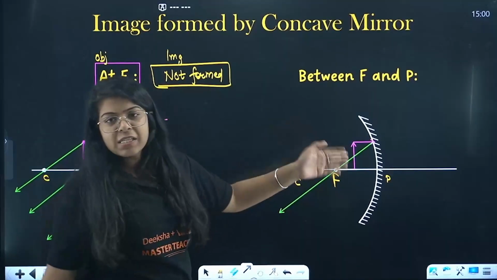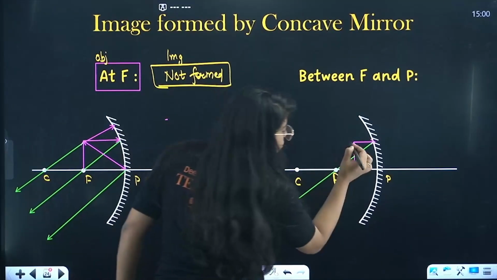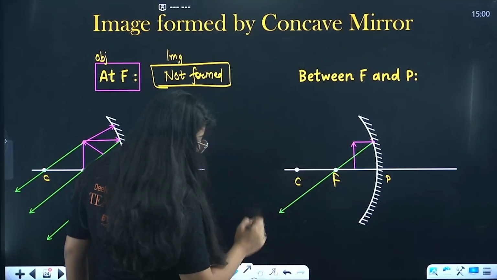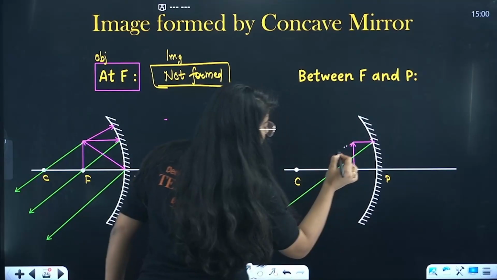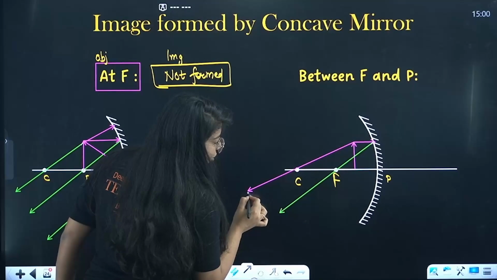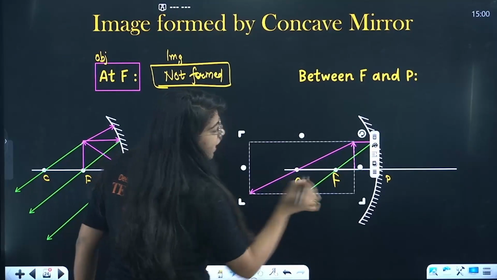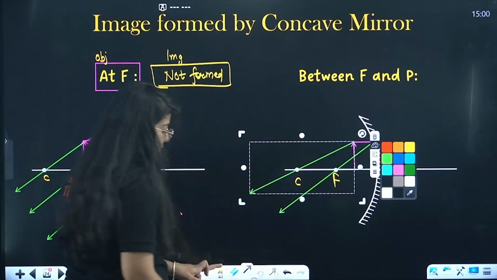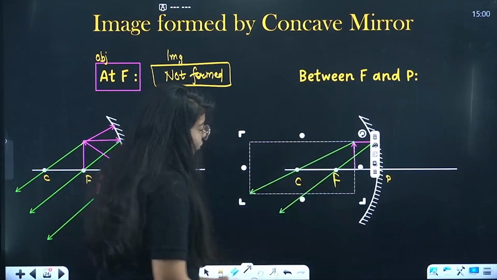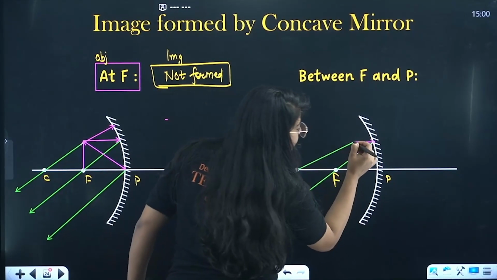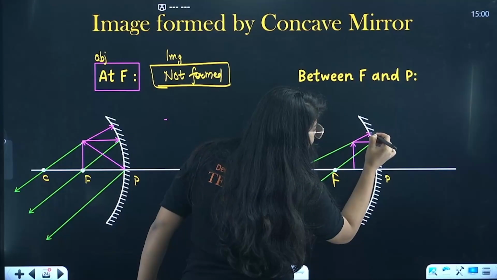Next, ma'am, what should we do? Let's do the center of curvature part. How do you have to draw this? First you will pass a ray from center of curvature, then you will do one more thing, that is pass it from here. It is a little trick.